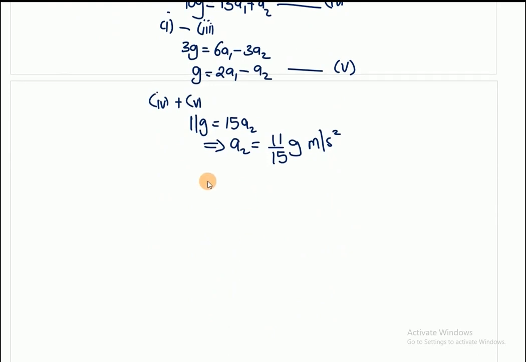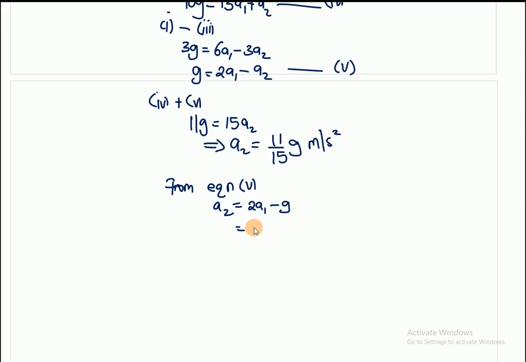After that, let us use equation 5. From equation 5, we are taking A2 to the left hand side and g to the right. This one is 2A1 minus g.